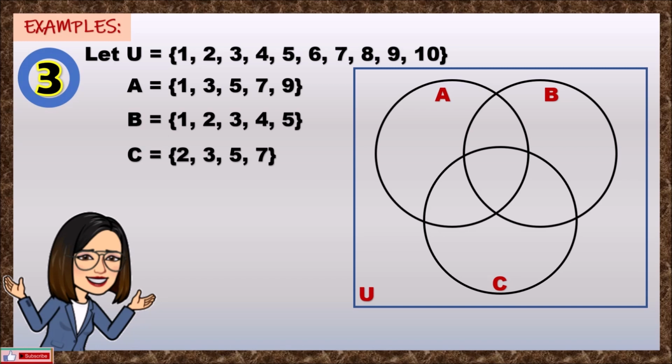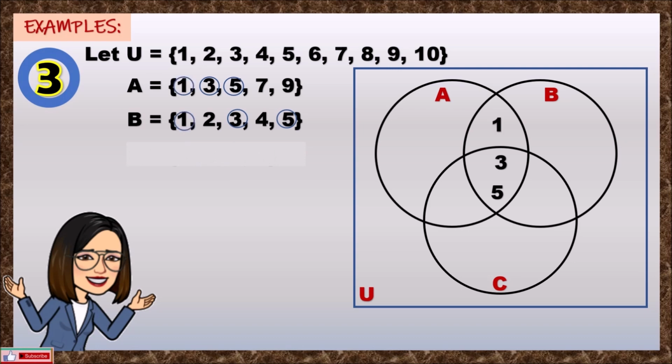First, we need to find the elements common in three sets. What are they? Correct. We have 3 and 5. Next, what is common in A and B? We have 3 and 5, which is already there, and 1.